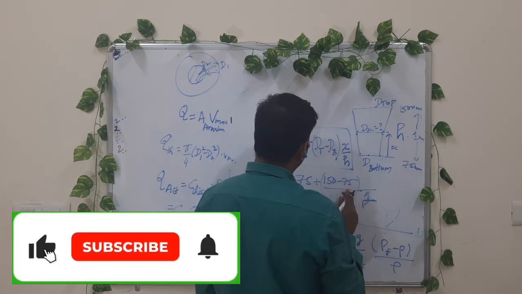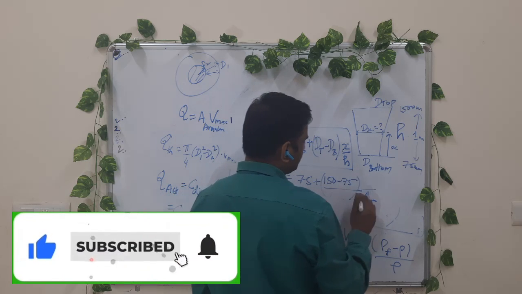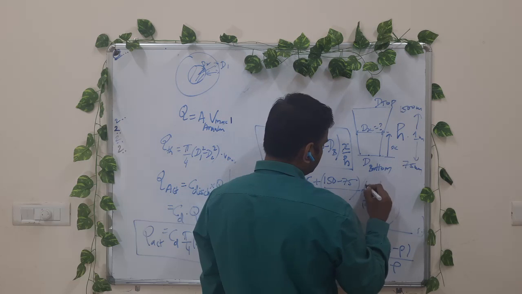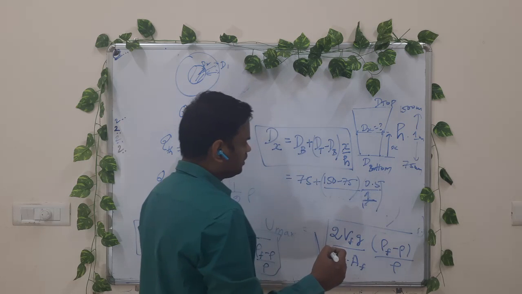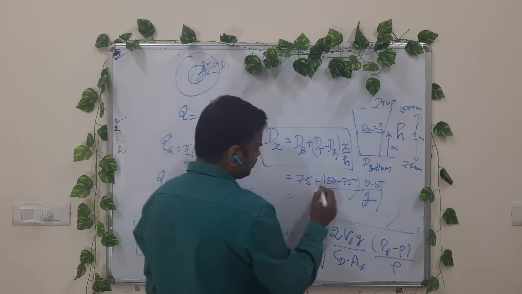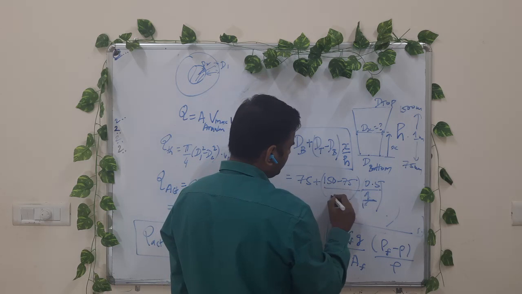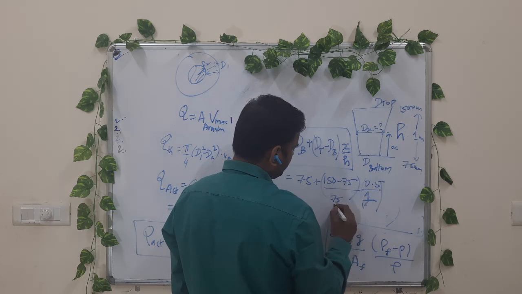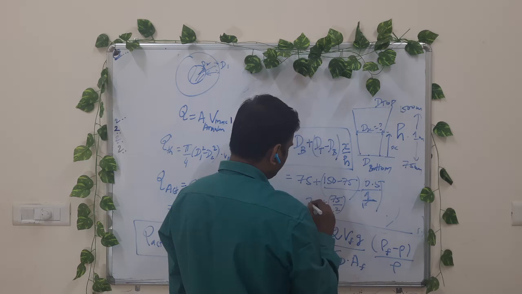These are in mm, and the units cancel anyhow. I am substituting 0.5 by 1, so it is 150 minus 75, which is 75, times 0.5. So 75 by 2 plus 75.